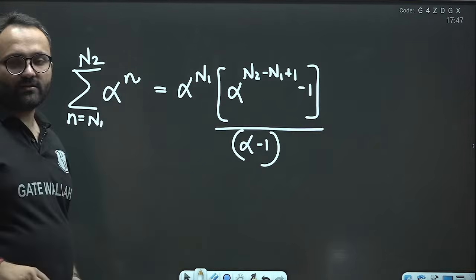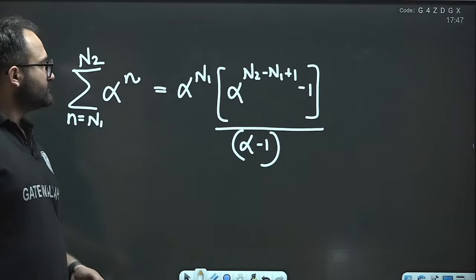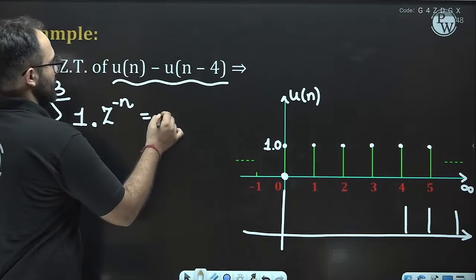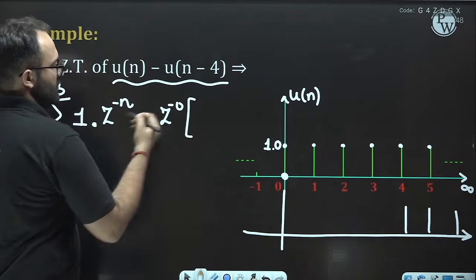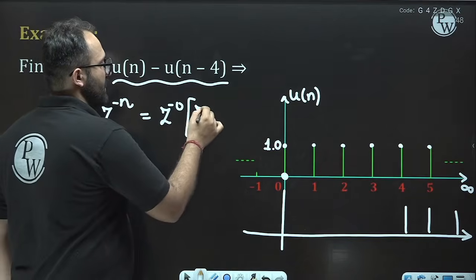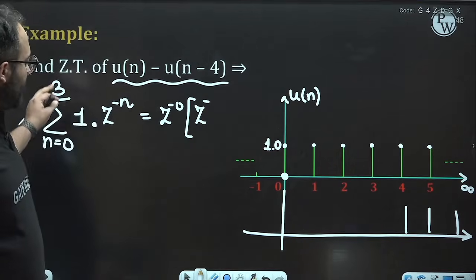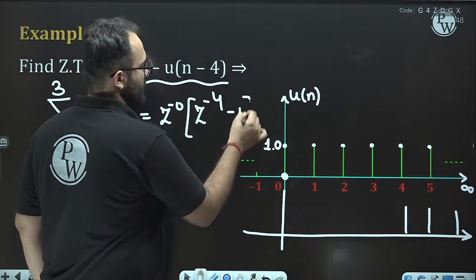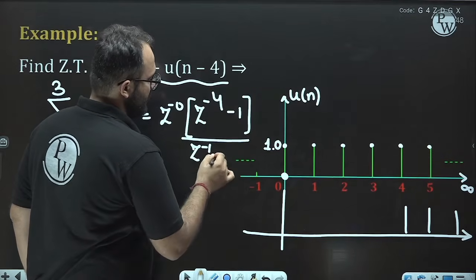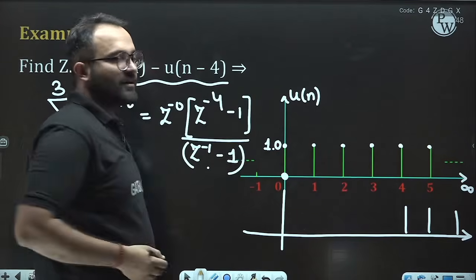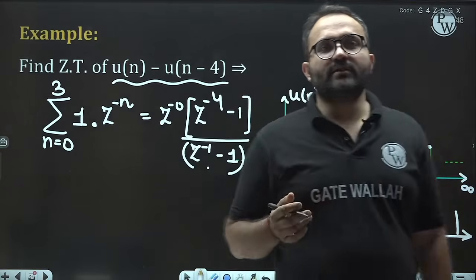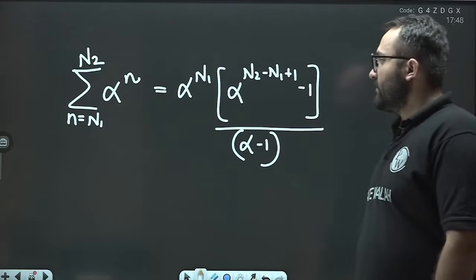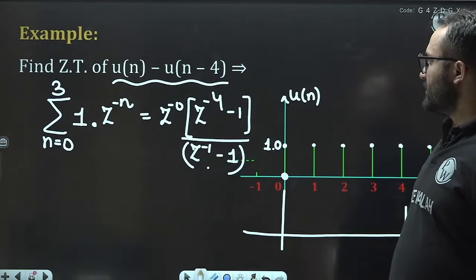If we use this formula here, we'll get z to power minus 0, then z to power minus the upper limit minus lower limit plus 1, that is 4, minus 1, divided by alpha minus 1, meaning z inverse minus 1. This Z transform is very easy to apply. The only thing you have to remember is the GP formula from n1 to n2.